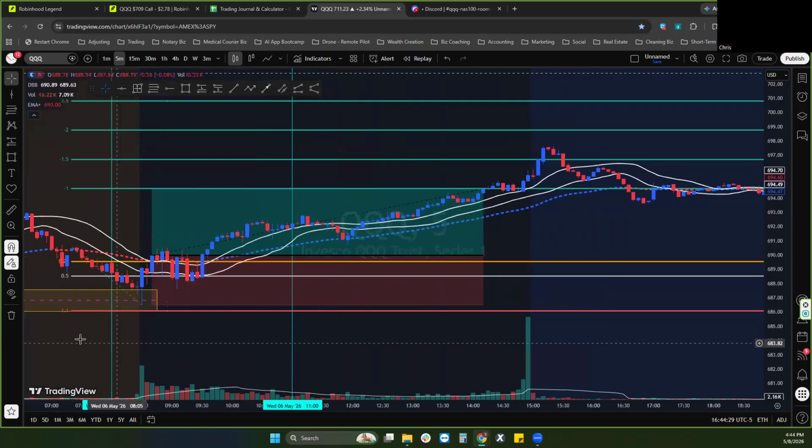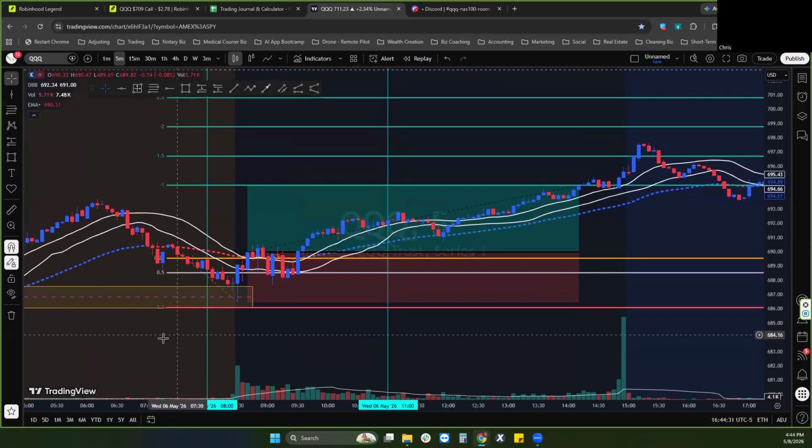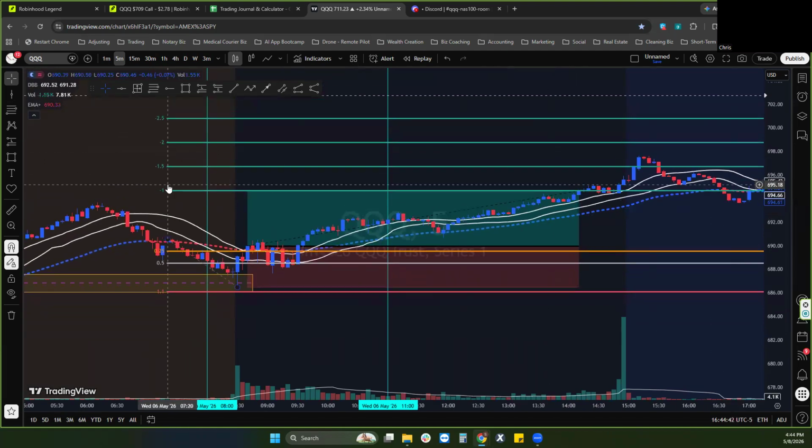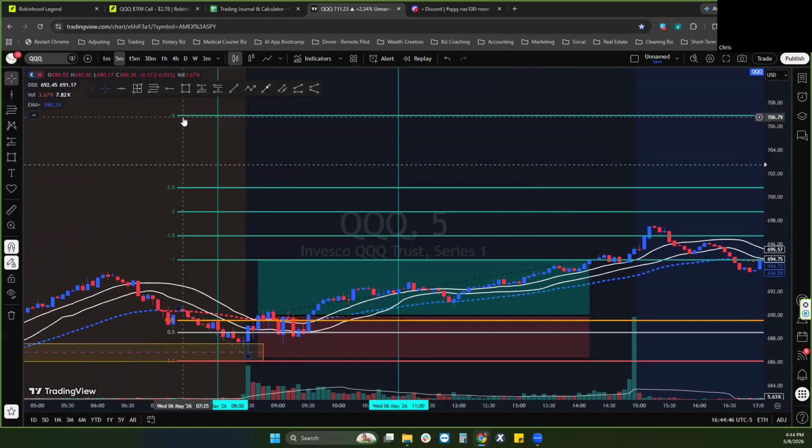That's the entry. And again, keeping in mind the VIX, you definitely want to take a look at the VIX every day in the morning and see where we are. And so these are your TPs here: 1, 1.5, 2, 2.5, 4.